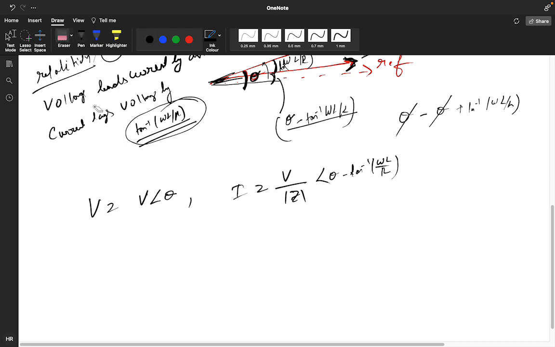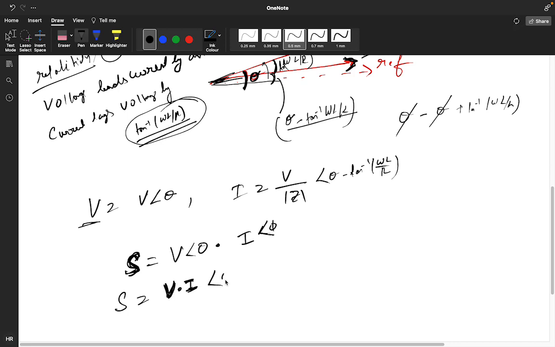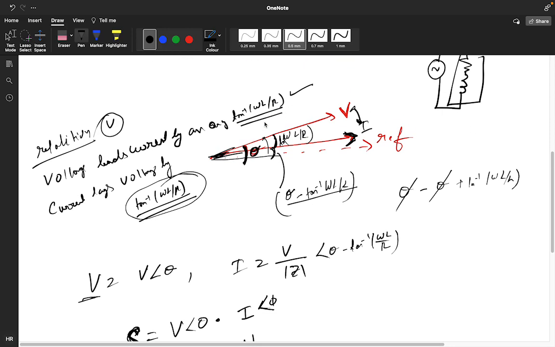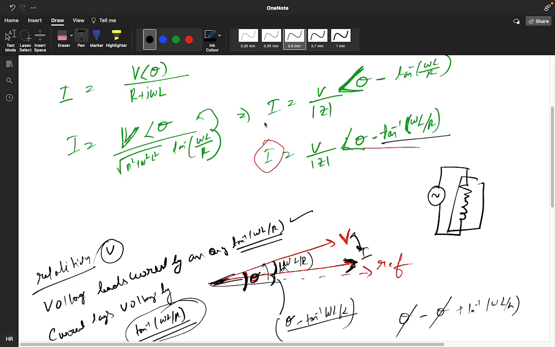Here in AC we denote power as S, the apparent power, in which both real power and reactive power come. S is equal to V of angle theta into I of angle phi, so you get V into I at an angle theta plus phi.